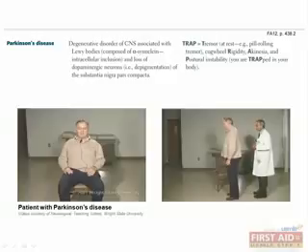In the video, you can notice the patient's pill-rolling tremor at rest and his masked facies.